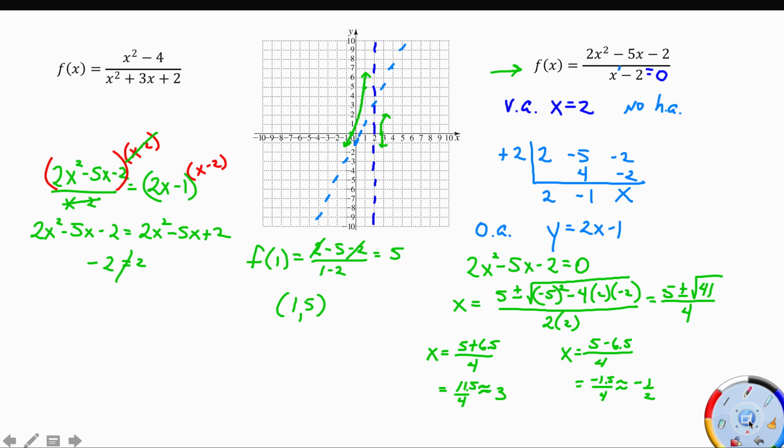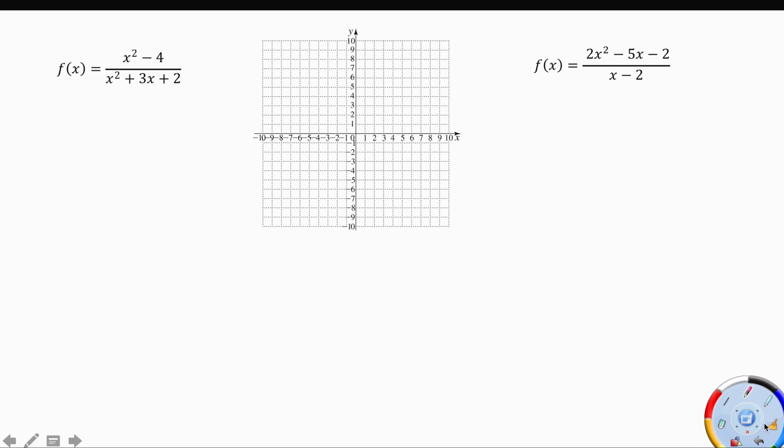Okay, and think about this: your graph doesn't even have to have an asymptote. Suppose we had the function f of x equals, let's do something simple, 5x squared plus 2x over x. First thing I'm going to do is simplify that.